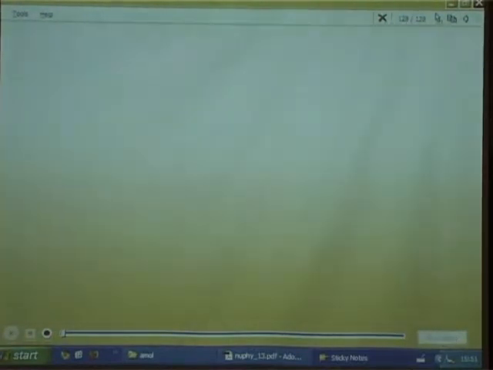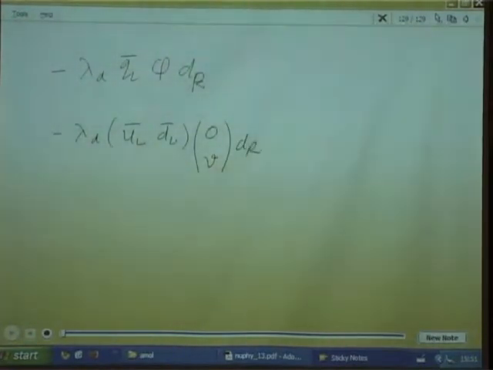Similarly, let's take minus lambda D, QL bar phi times DR. So this is minus lambda D, QL bar, DL bar, 0, V, DR, and that gives me minus lambda D times V. So this gives mass to D. In fact this is what I call MD.